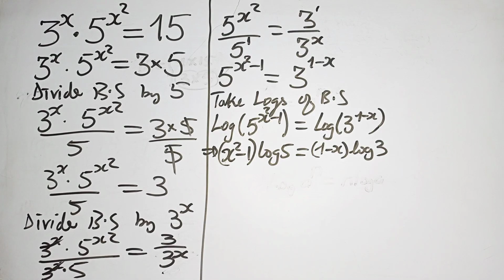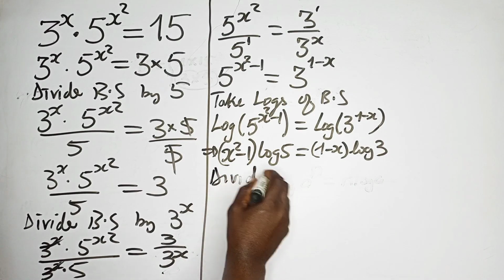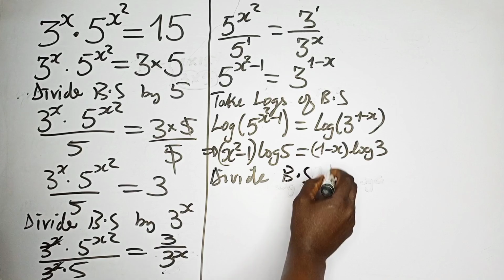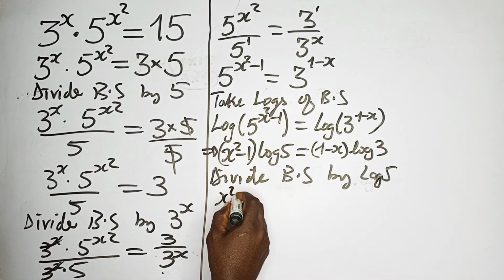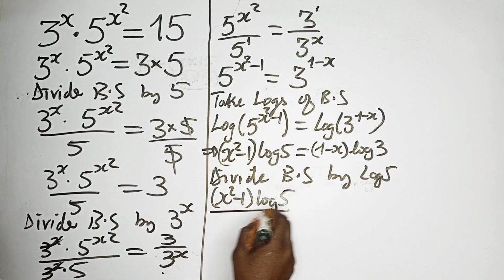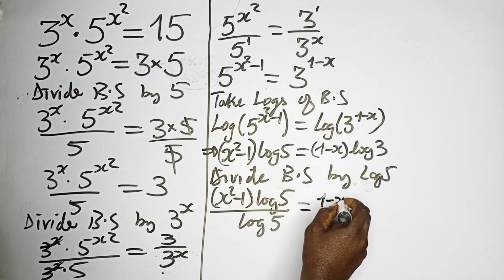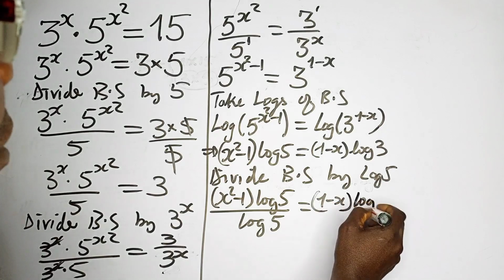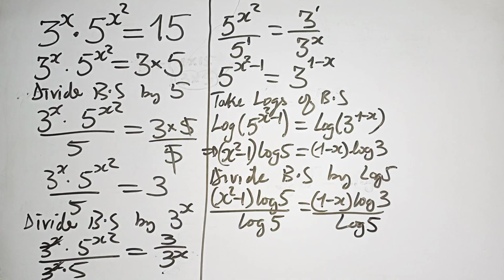Okay. Now, let's divide both sides by log 5. So we have x squared minus 1 times log 5 all over log 5 is equal to 1 minus x times log 3 all over log 5.